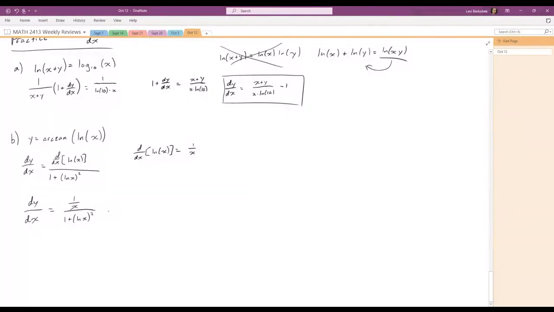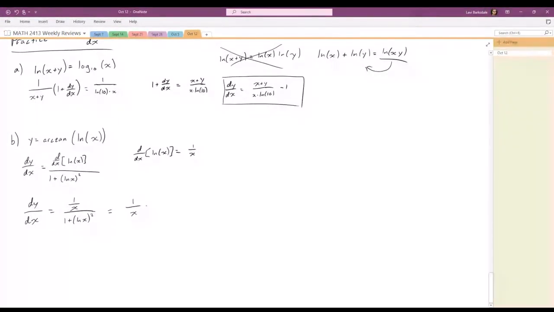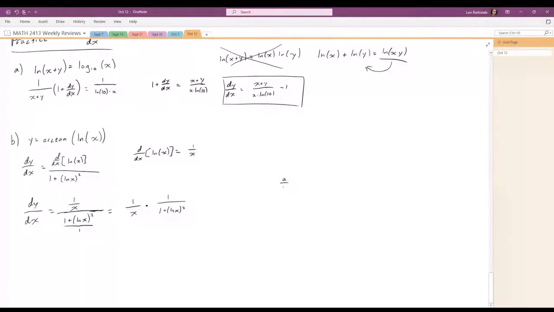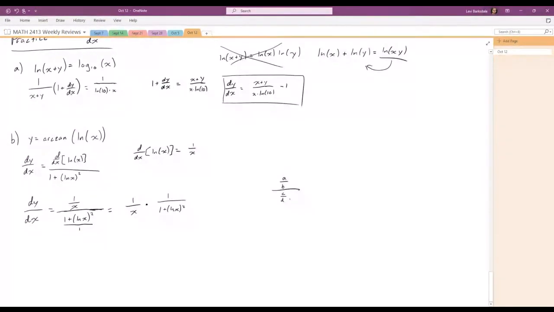Now, I don't like having fractions in fractions, so I'm going to rewrite this as 1 over x multiplied by 1 over 1 plus the natural log of x squared. You can think of this as being a fraction over a fraction. And one of our rules for fractions is if we have a fraction over a fraction, we can think of that as the product of two fractions.